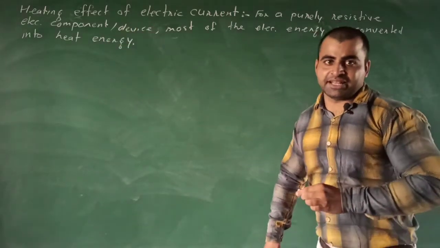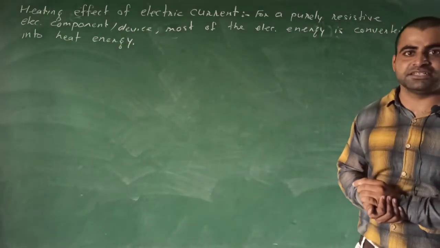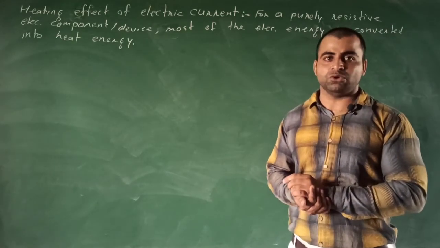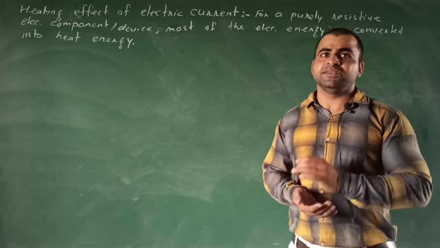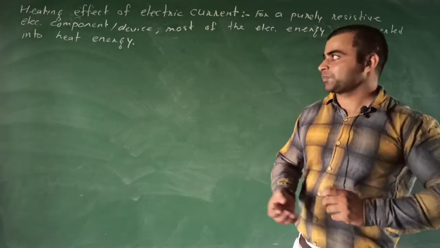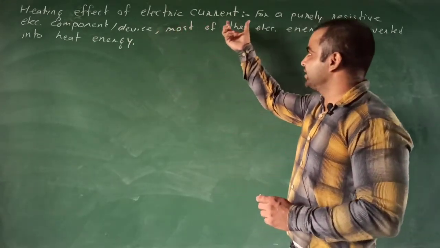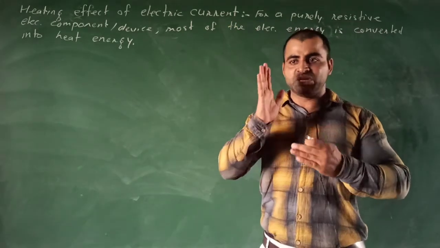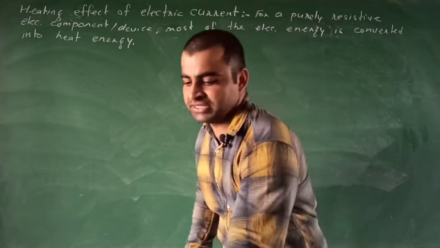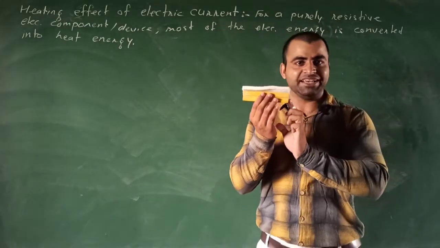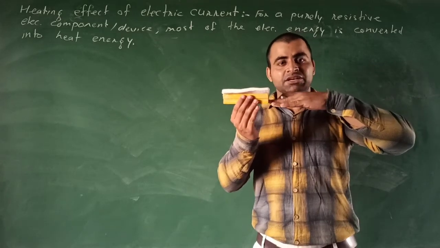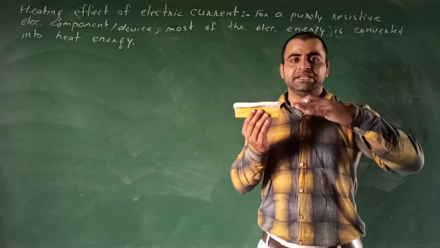We can see this in electric iron, in electric heater, meaning room heaters, geysers, toasters, and in bulb too. The heating effect of electric current applies to purely resistive components. If the resistance of this component is very high, then the electrical energy will be converted into heat energy.